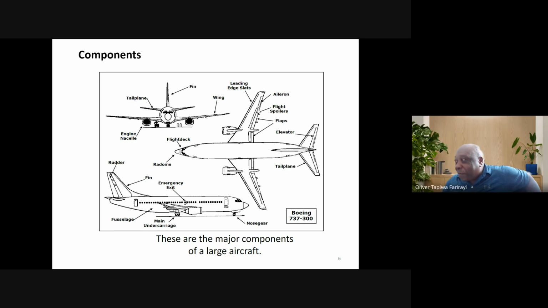Then at the top of the wing, just slightly at the top of the wing here, these are called spoilers. So they're there to spoil something.